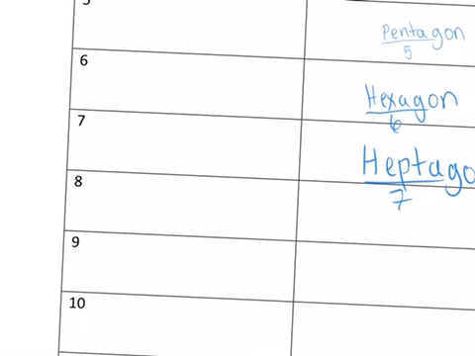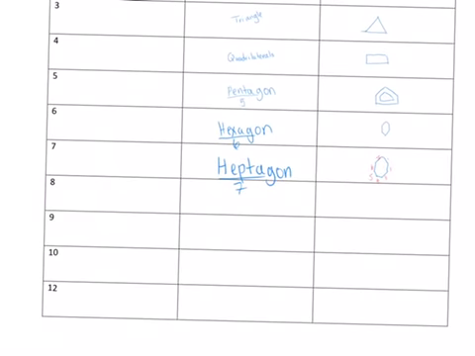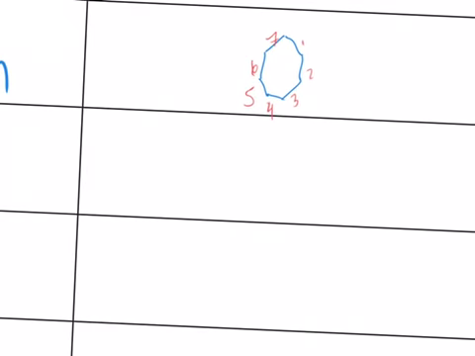Let's look at 8-sided polygons, and 8-sided polygons are pretty simple. Examples of 8-sided polygons are octagons, but an example that you see every day is a stop sign. So let's divide 8 by 2 and we get 4. So let's draw 4 sides. 1, 2, 3, 4.